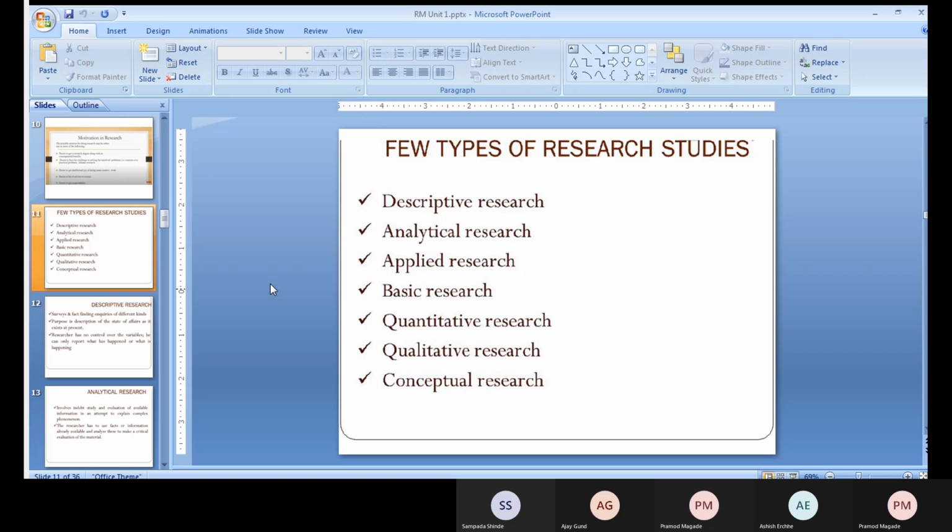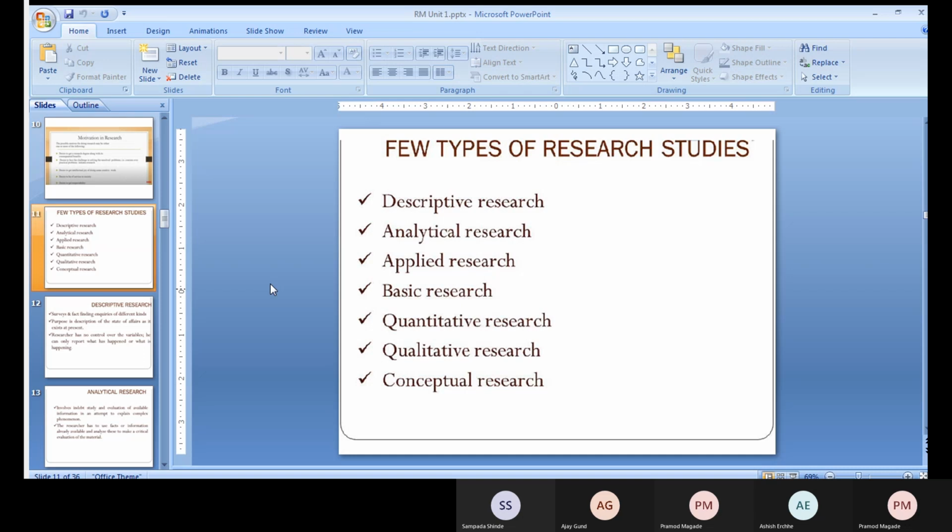Now basic research, I told you, basic research means what? Only informative research through which I can get only ideas, only concepts, that's it. Then quantitative research. Quantitative means what? Suppose in a batch or in mass quantity, I am going to produce nut and bolts.